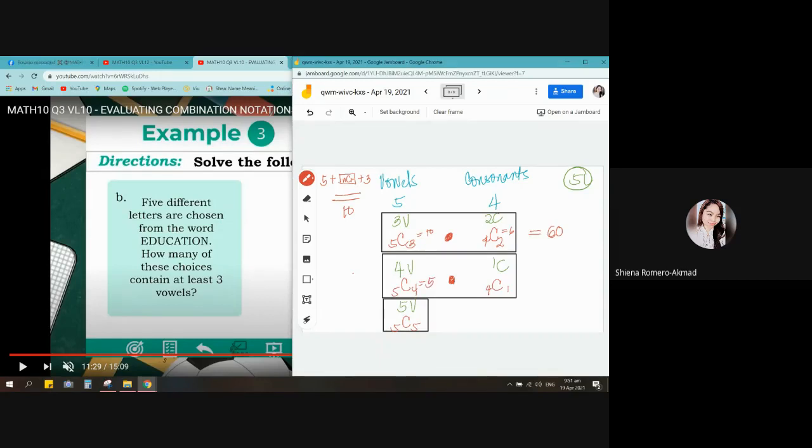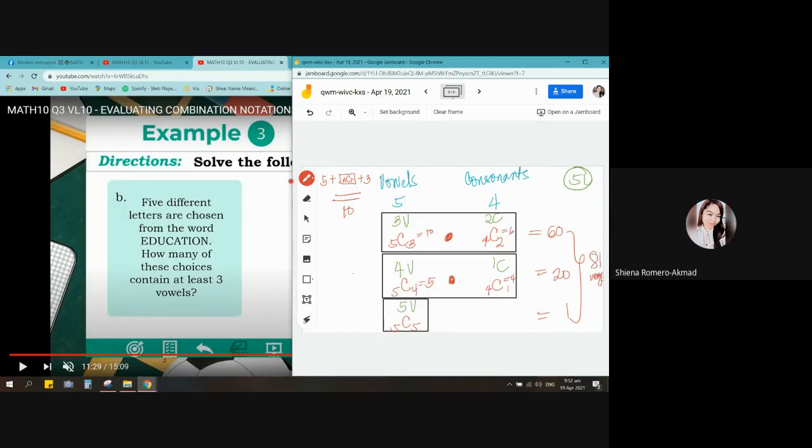How about 4C1? That's 4. So 5 times 4 is 20. Now, how about 5C5? That's 1. So, we add them: 60 plus 20 plus 1, that's 81.